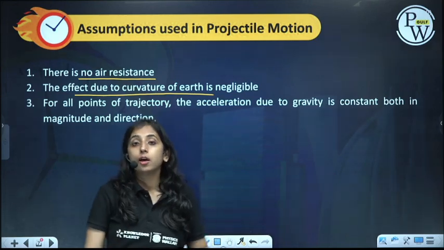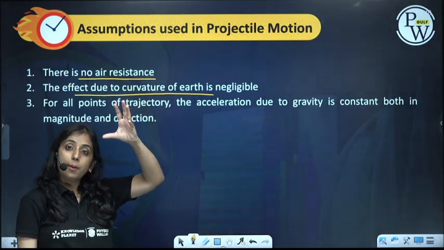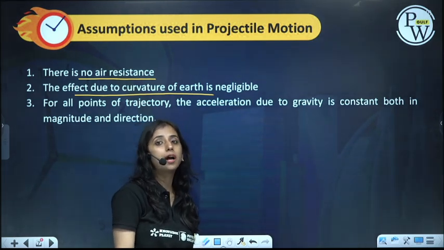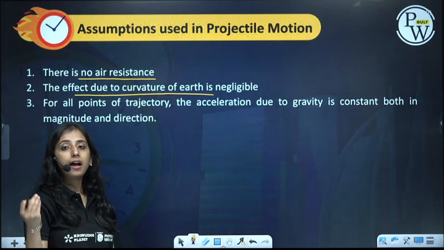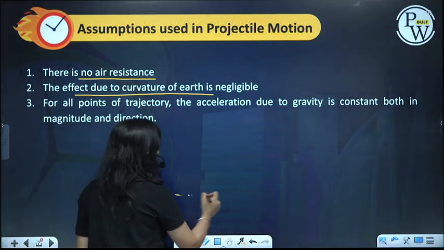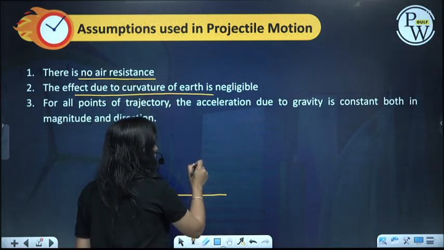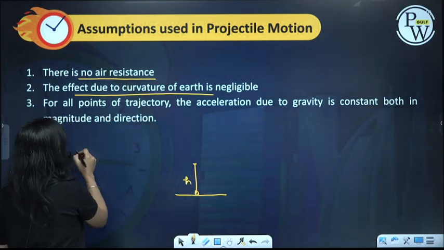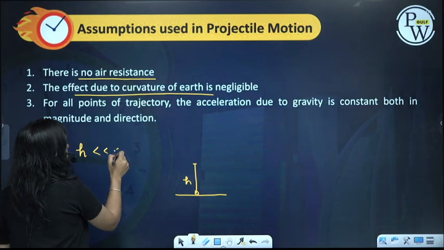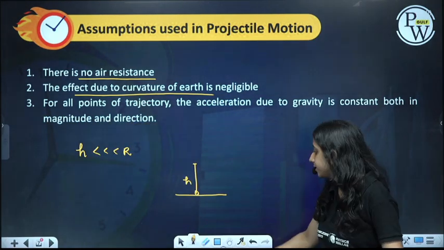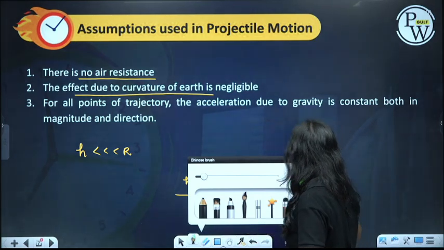Next, we know that as we move above or below the surface of earth, the value of acceleration due to gravity changes. The value of g changes with height, but we assume that the body goes to some height h which is very very less than R, such that acceleration due to gravity remains constant.